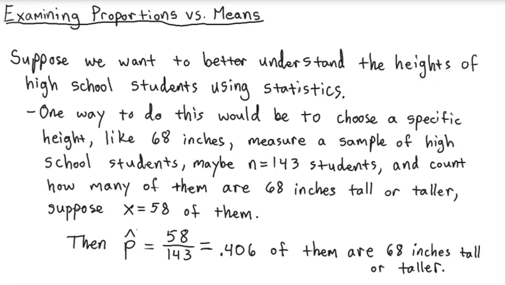Then we would say that p hat is equal to the fraction 58 divided by 143. If you plug this into a calculator, you get 0.406, rounded to 3 decimal places. So 0.406 of the students are 68 inches tall or taller.